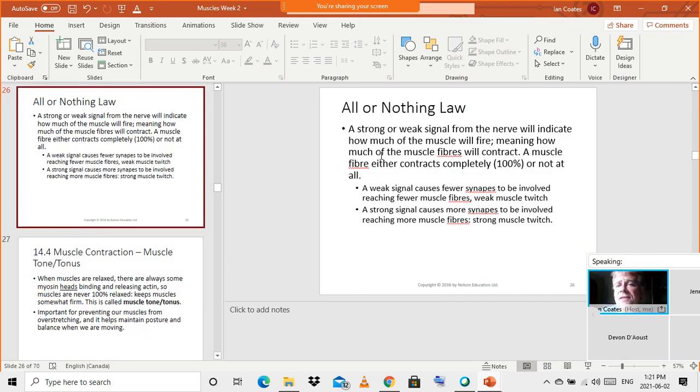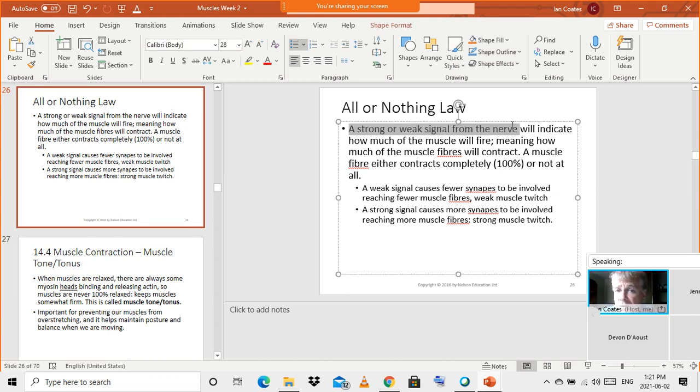All or nothing. We've talked about that. A strong or weak signal from the nerve will indicate how much of the muscle will fire, meaning how many of the muscle fibers will contract. Muscle fibers will contract only 100%.